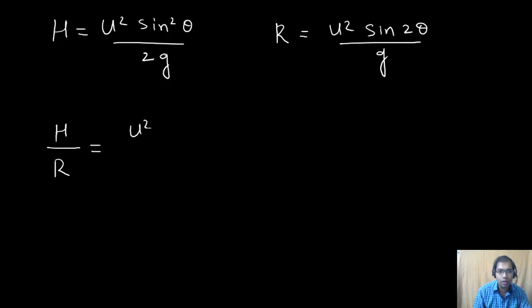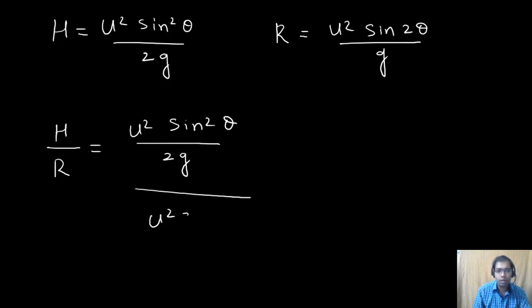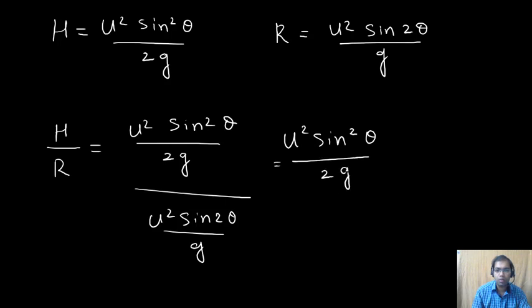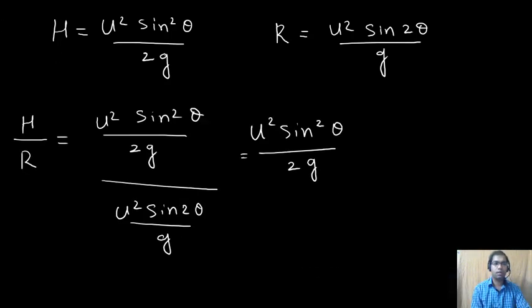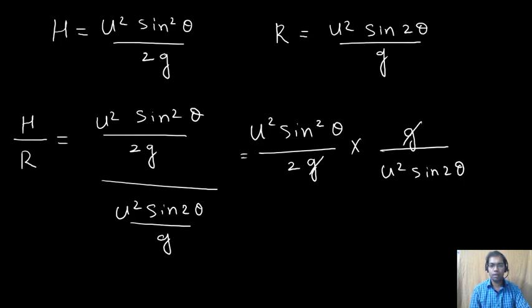So I will get u square sine square theta by 2g whole divided by u square sine 2 theta by g, which we can write as u square sine square theta by 2g times g by u square sine 2 theta. So g and u square get cancelled.